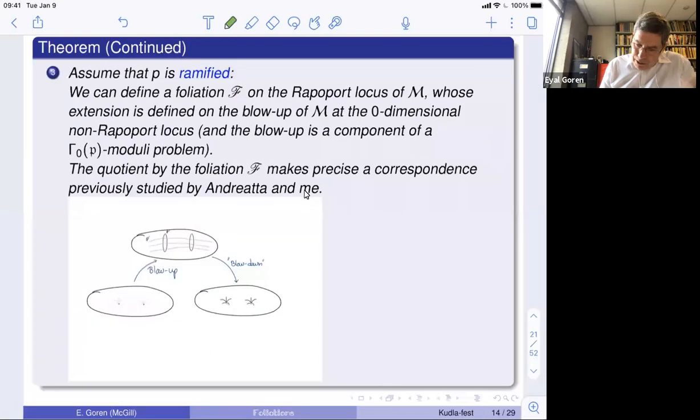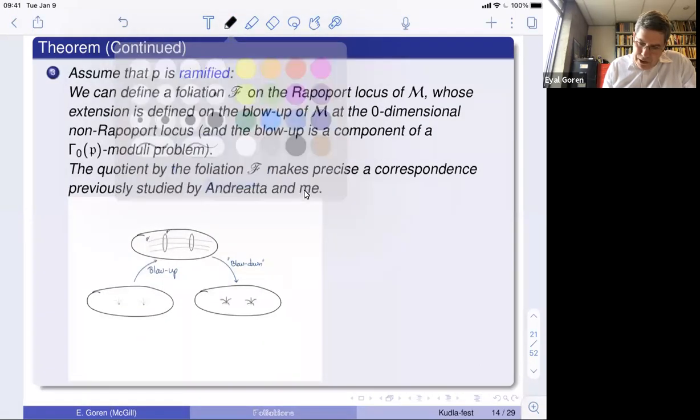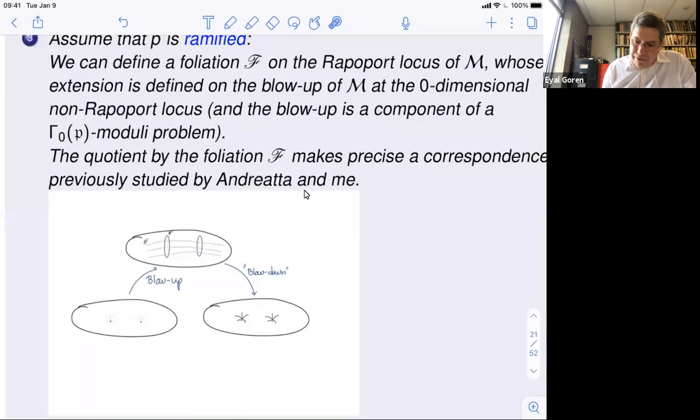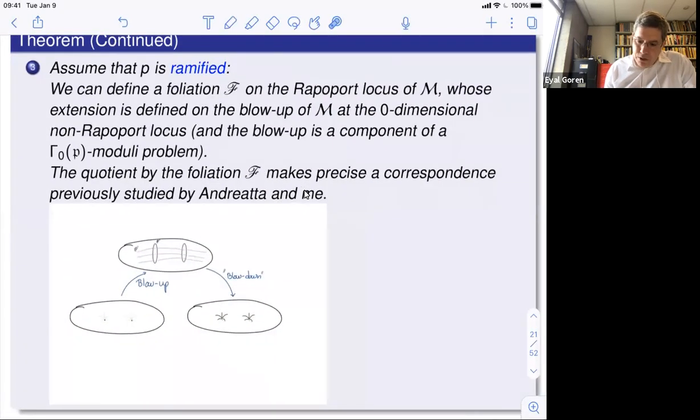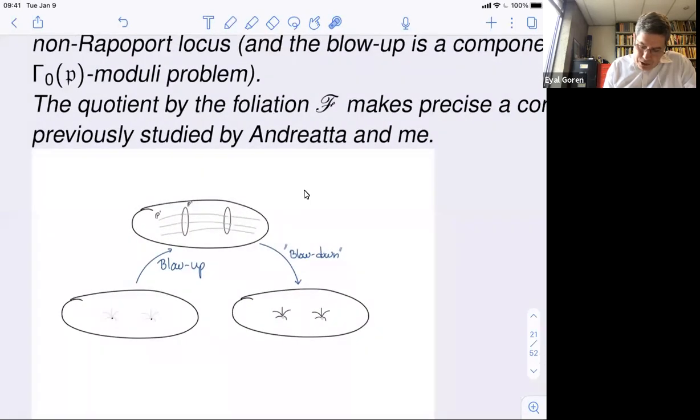And the last case is what happens when P is ramified. In some sense, there's something subtle going on here. So in this case, the foliation is not defined everywhere, but so-called on the Rappaport locus of those Hilbert-Blumenthal surfaces. So the Hilbert-Blumenthal surfaces for P ramified are actually singular at finitely many points.